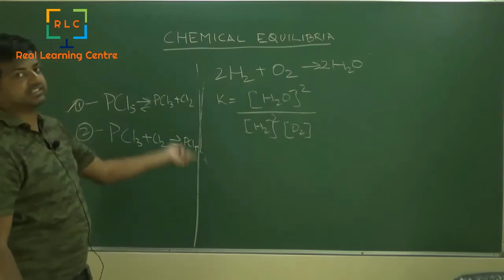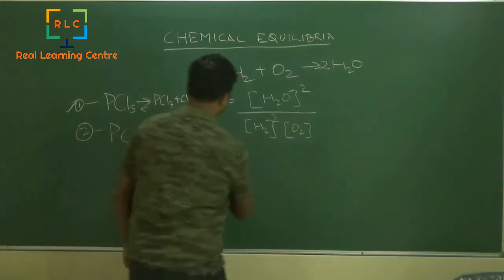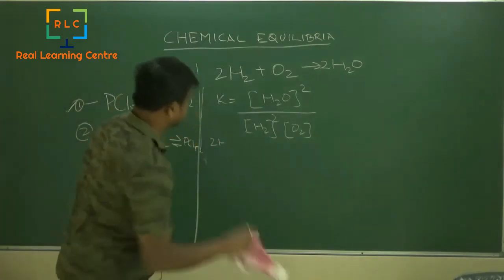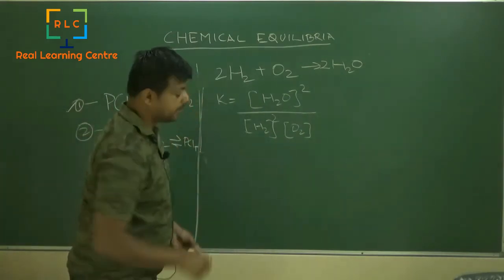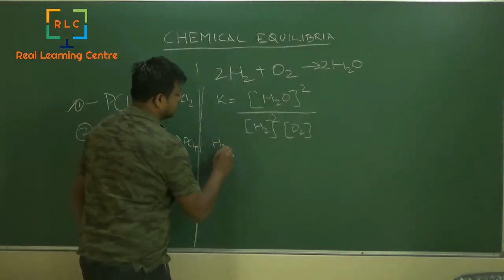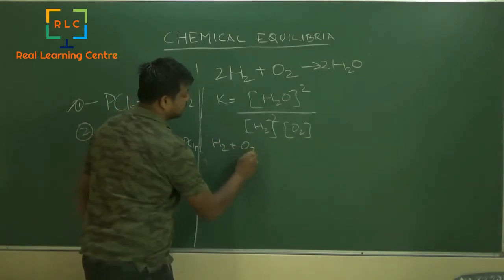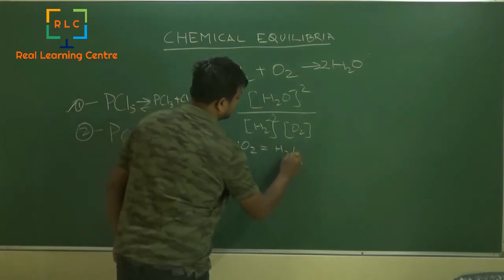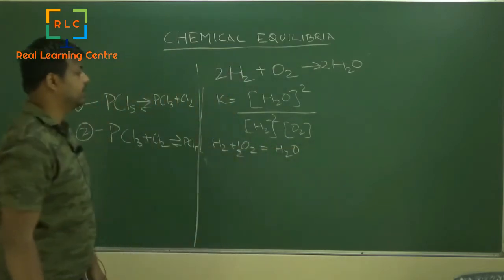Now, if I reverse the reaction, we have done that. So let's say we don't multiply by 2 and balance it. How do we write it? H2 plus half O2 will give you H2O, right?